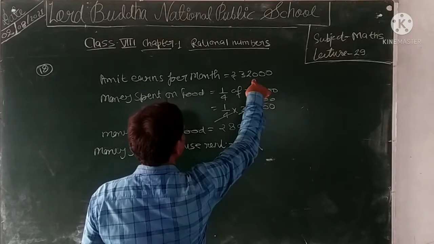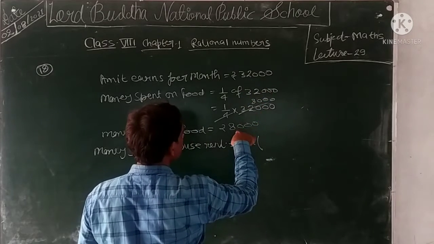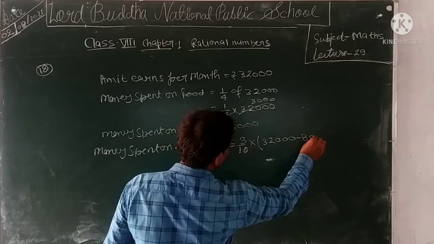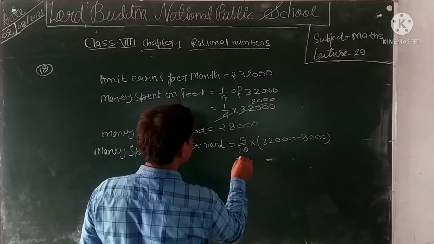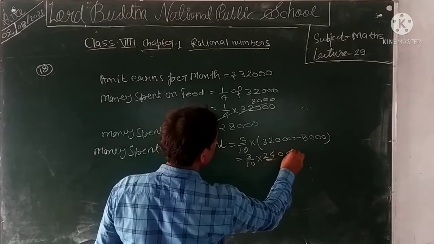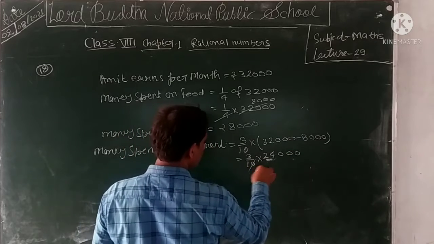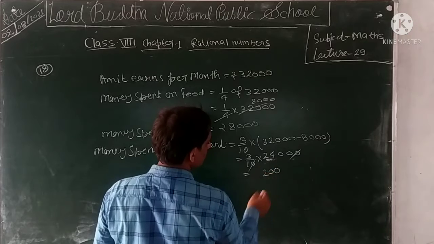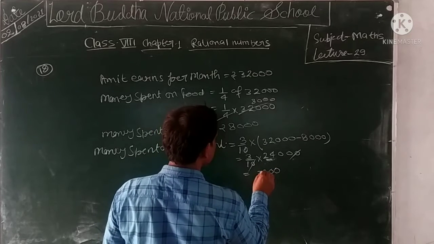Remainder is 32,000 minus 8,000, means 3/10 into 24,000. Zeros cancel out. 3 into 4 is 12, carry 1, 3 2s are 6, 1 is 7.